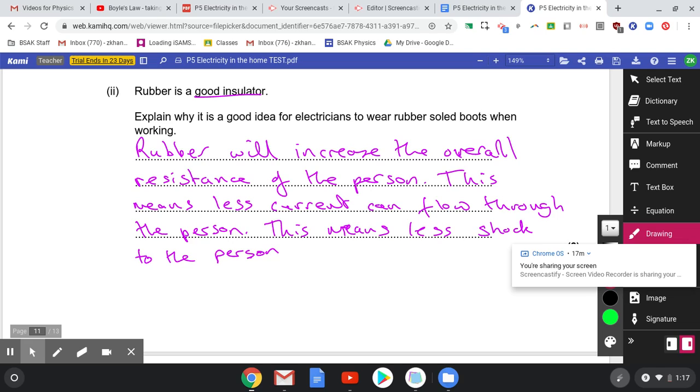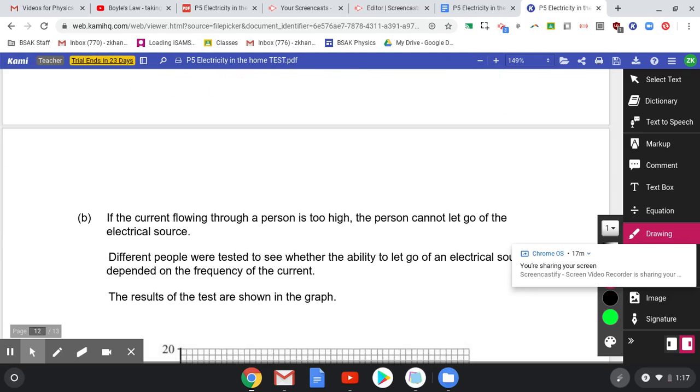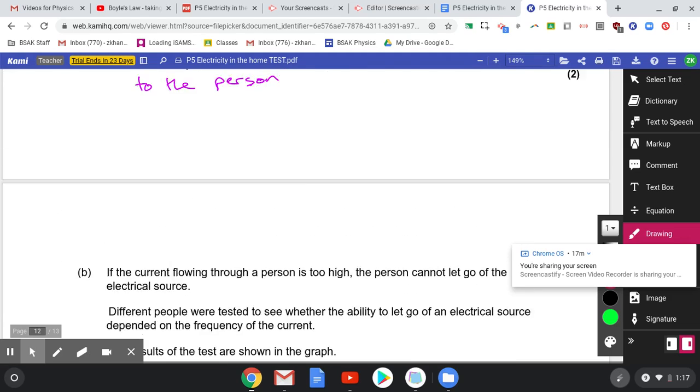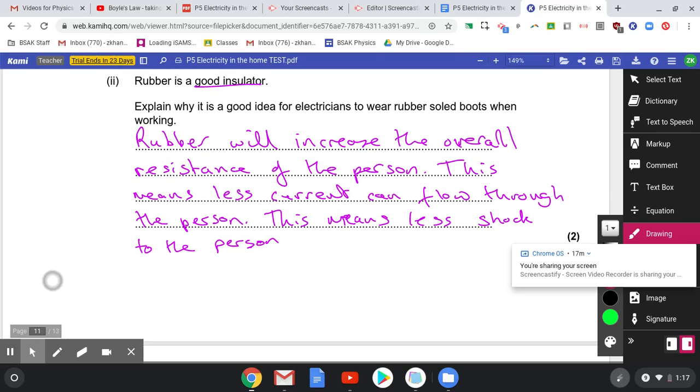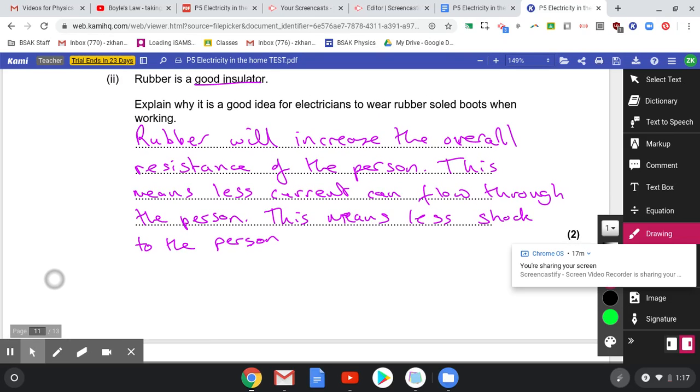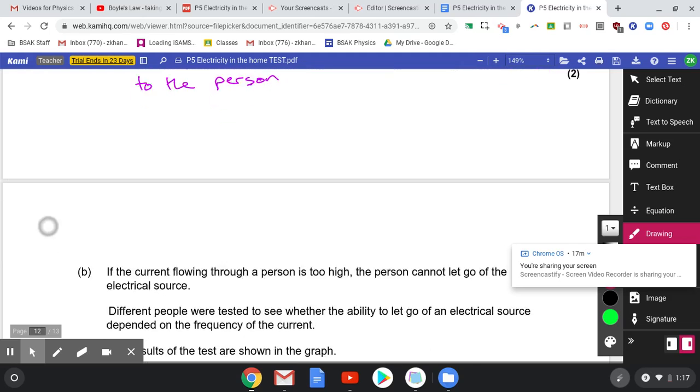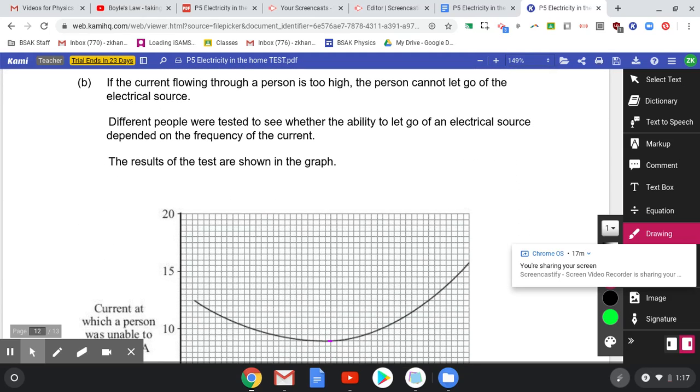So it's high resistance. This means less current can flow through the person, which means the person can experience less shock, so it's safer. Do not think that the person does not experience a shock. There is still a possibility because the person still has some resistance.